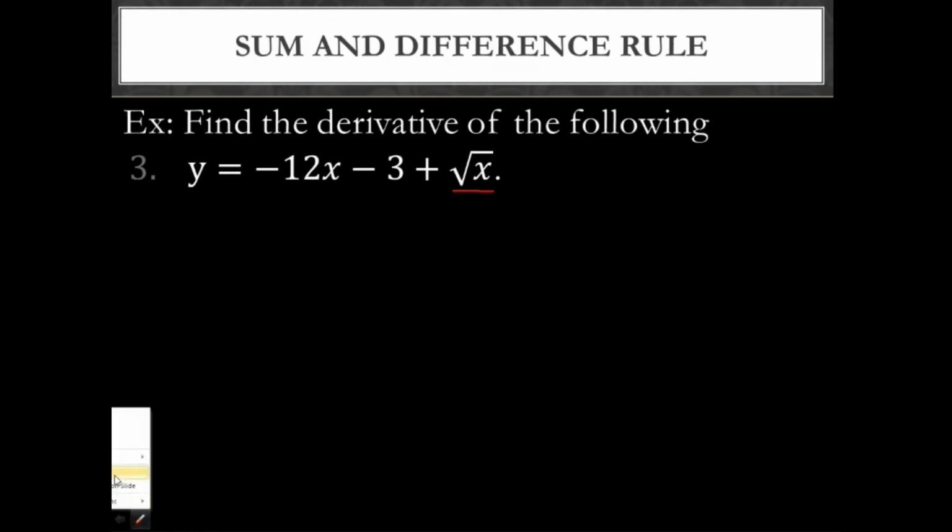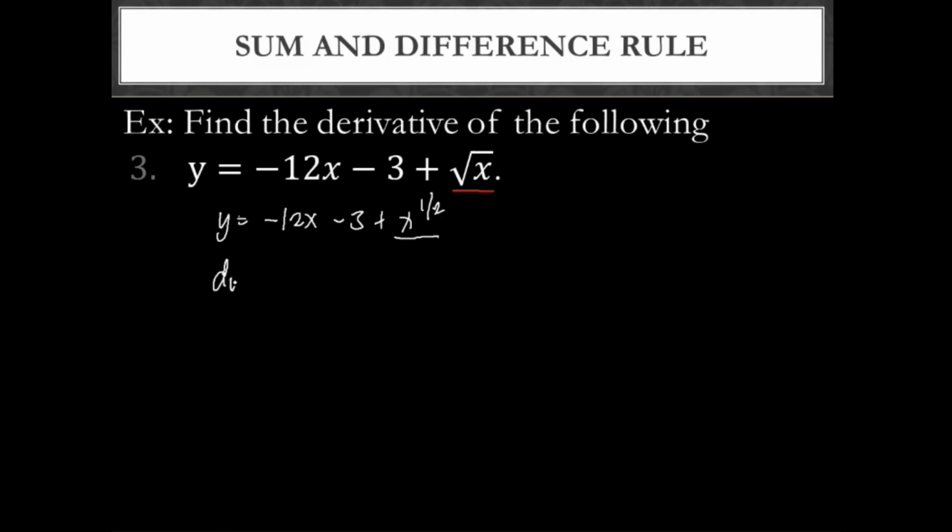Ito ay magiging y equals negative 12x minus 3 plus x raised to 1/2. Why is it that we need to transform this into exponential function? The reason why is that we're going to use yung rule number 3, power rule. Okay? Ready? We get the derivative.